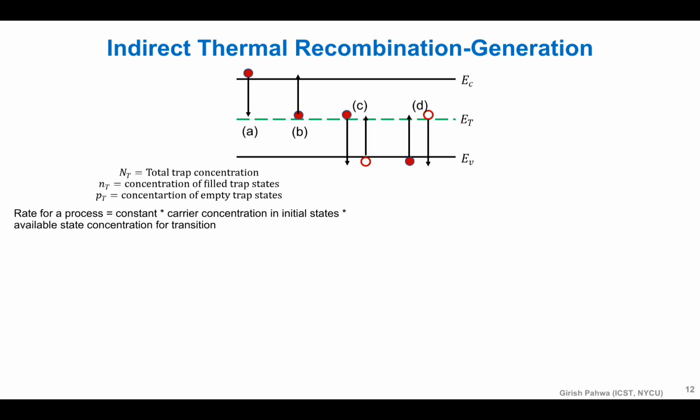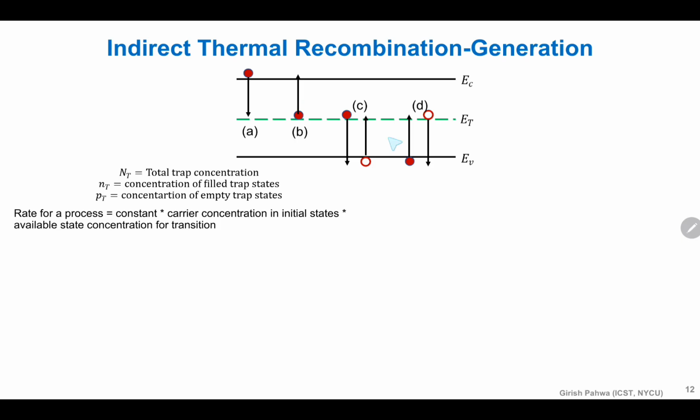Now let's try to calculate the rate of change of concentration in the conduction band. Which of the processes are changing the electron concentration in the conduction band? A and B. In A you release an electron, and in B you capture an electron, and both are connected with the conduction band.